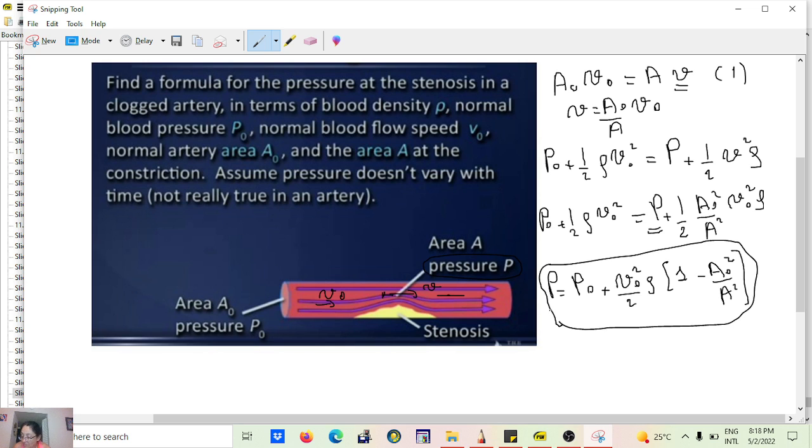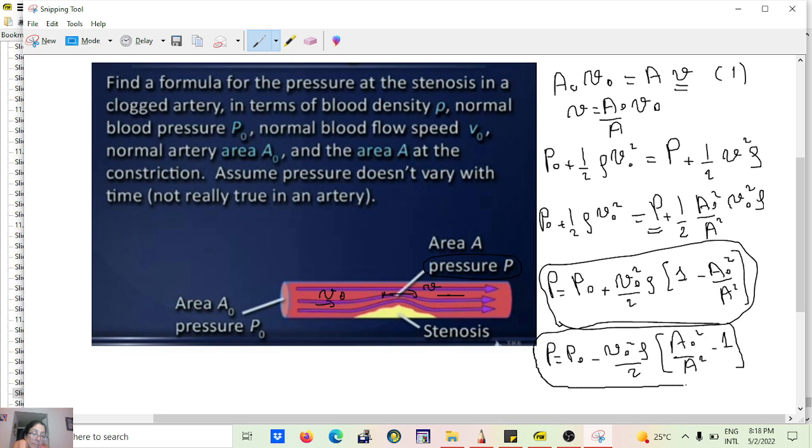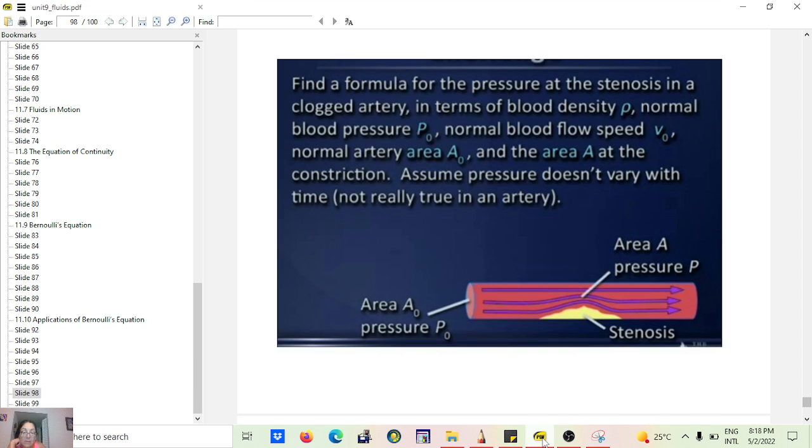Now I can put a minus here if I want, so P equals P0 minus 1/2 rho V0 squared times that factor. Okay, and I have this nice relationship. So that was not that bad.